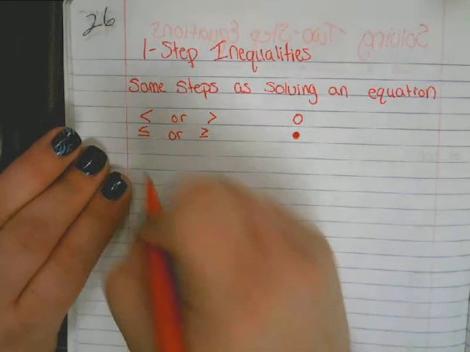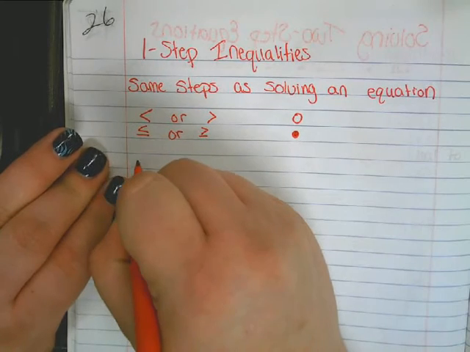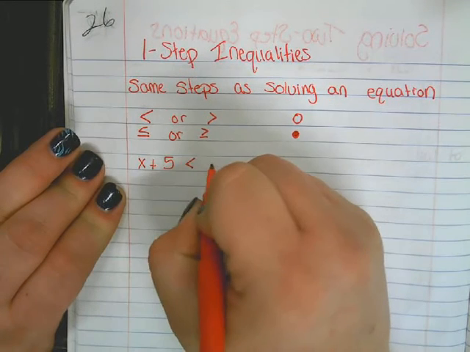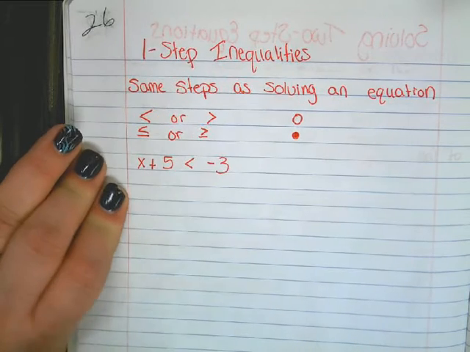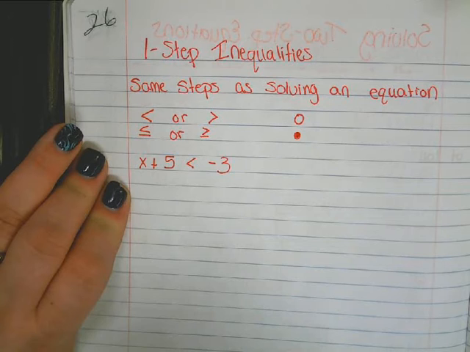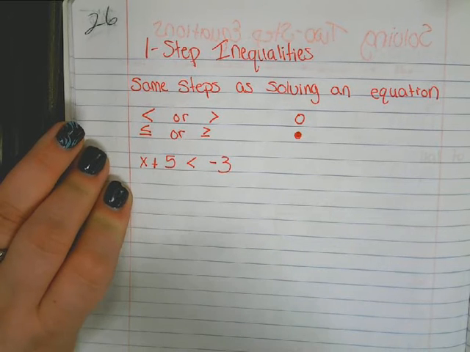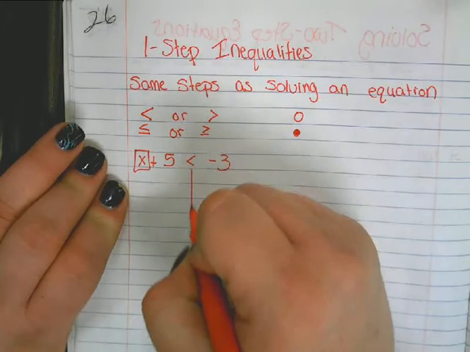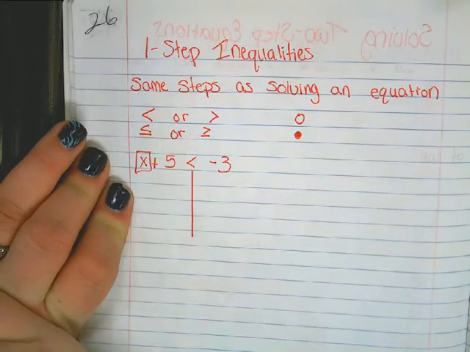So let's look at x plus 5 is less than negative 3. Box your letter. Draw your line. Now what? So what's the opposite of 5?